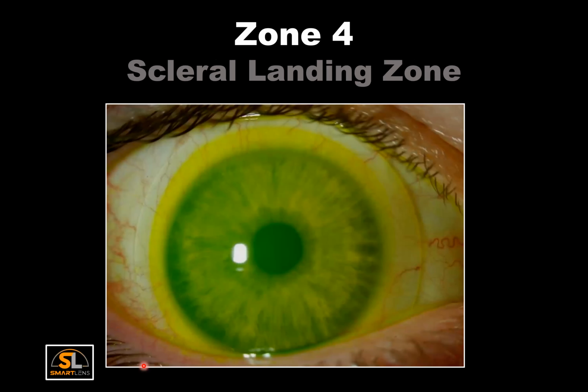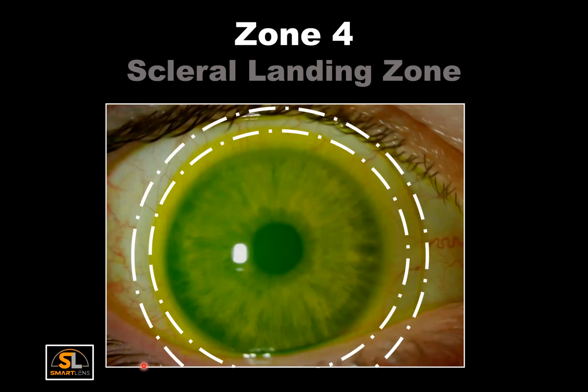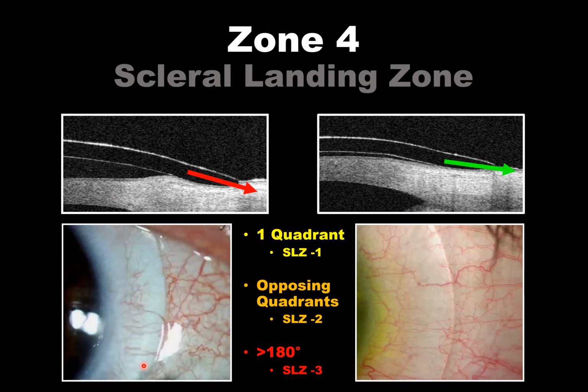Now, the final zone in the lens, and one of the ones that's most important in scleral lens fitting, is our landing. Do we have the appropriate lens to surface relationship in zone 4, where the lens touches down on the conjunctival surface? And here we're looking for a lens that is not fitting in a tight manner where it's cutting off the vessel supply of these large and small capillaries right at the lens edge.